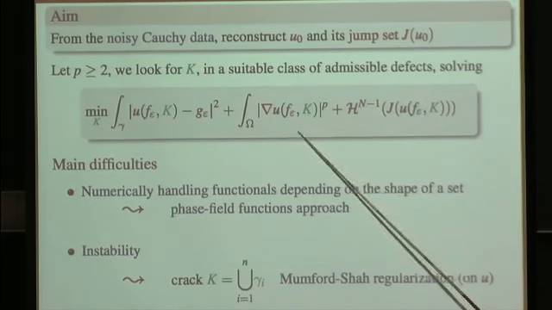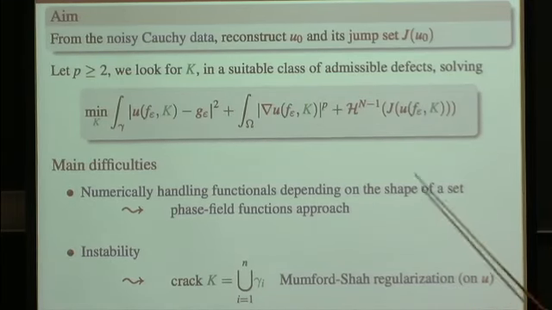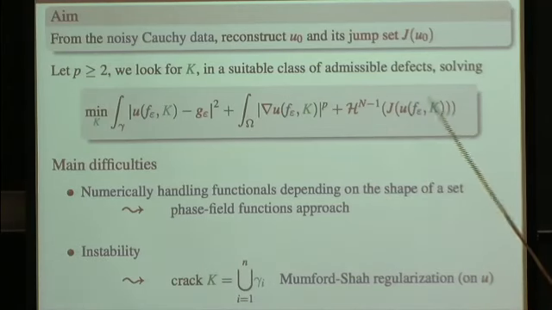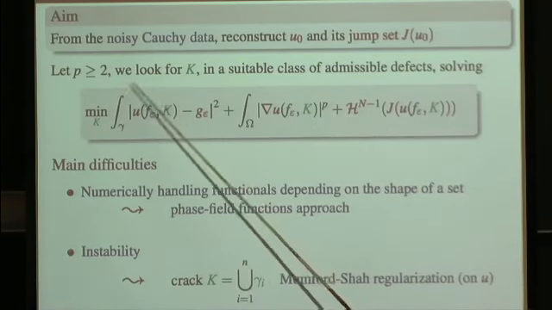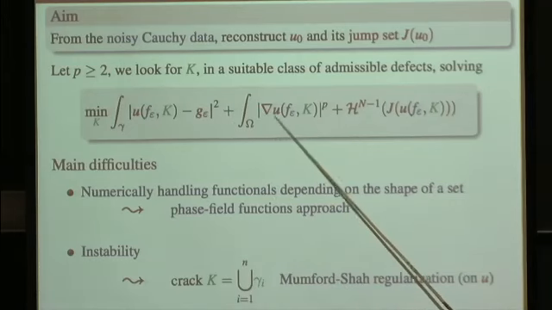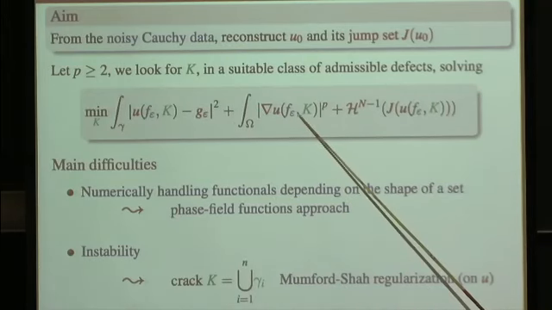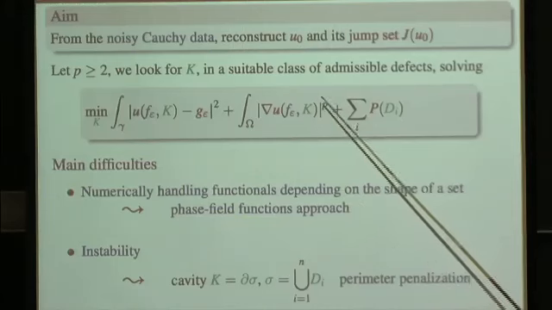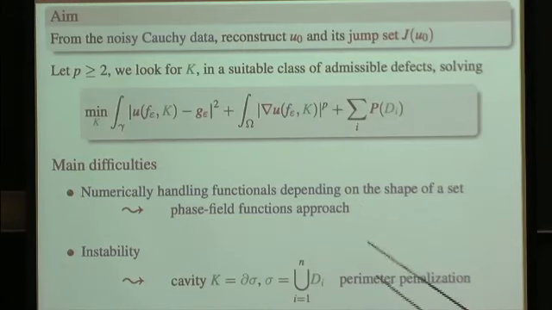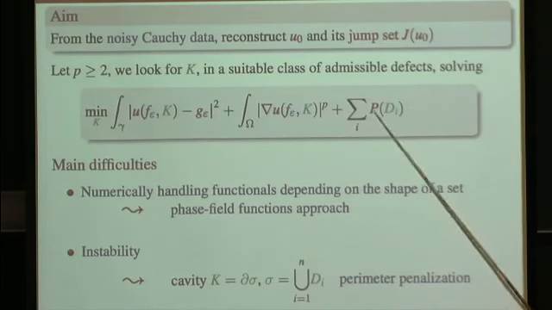So this is where free discontinuity is appearing here. And the only difference is that you are taking here P, which might possibly be greater than 2. But this is a Mumford-Shah-like regularization. In the case of cavities, I'm keeping this term just for symmetry with the previous one, but essentially this goes down to a more common perimeter penalization on the cavity.